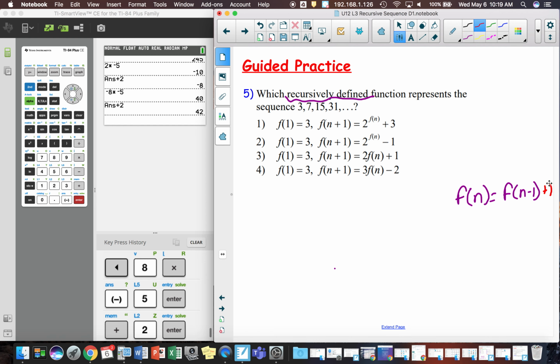Let's say plus, I don't know, star. Instead, they changed it up on you. They're saying, hey, our next term, f of n plus 1, it means take the term and then do something with it.